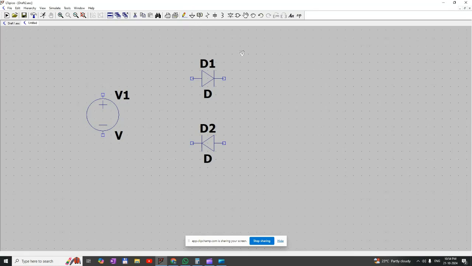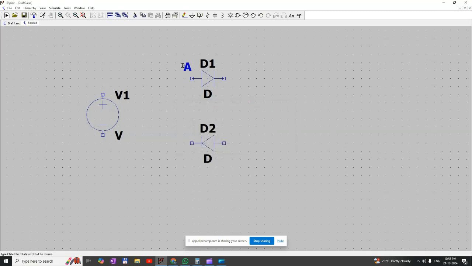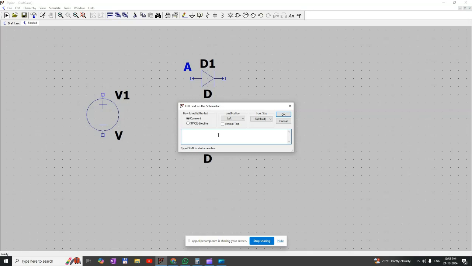For example, we can consider D1 is conducting. If we consider D1 is conducting, the voltage at the anode should be more than the voltage at the cathode.